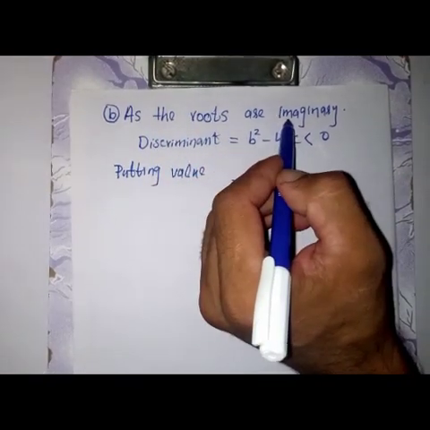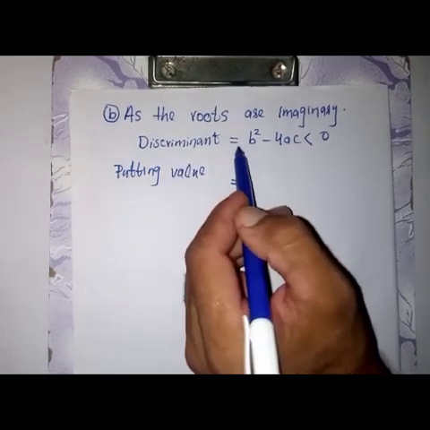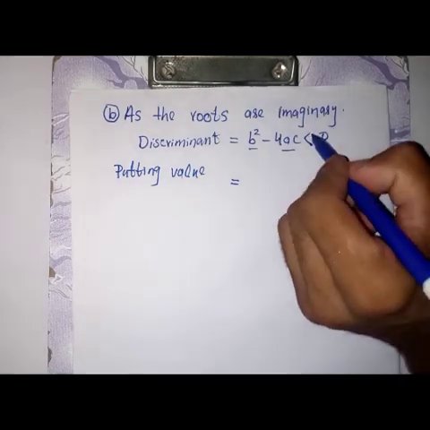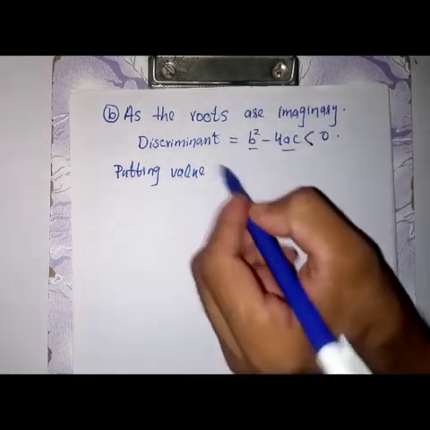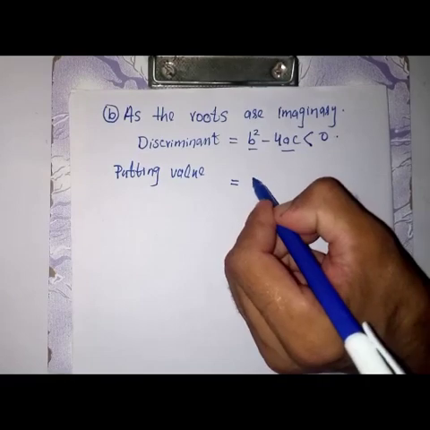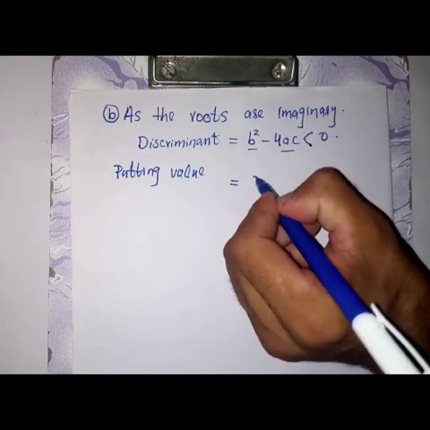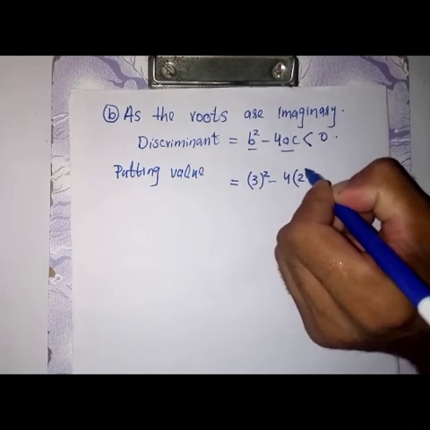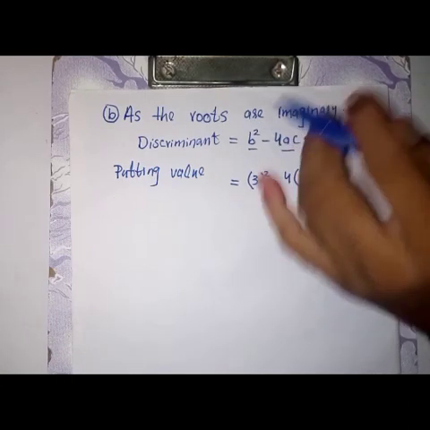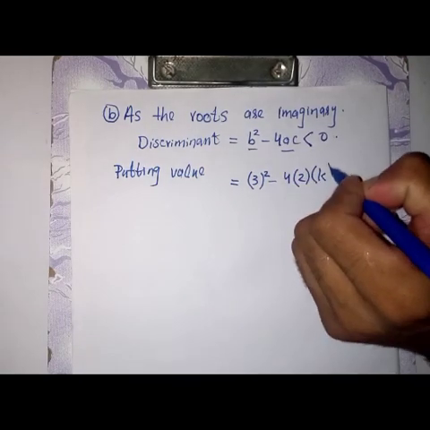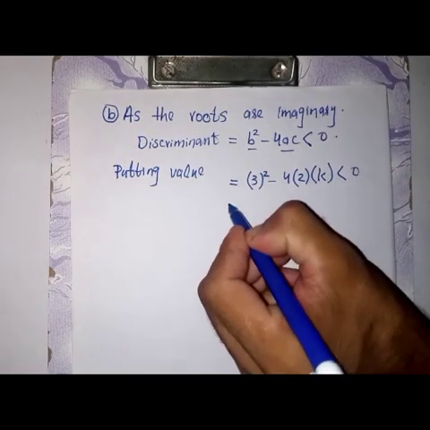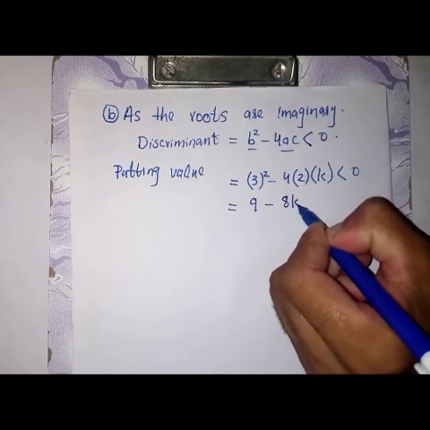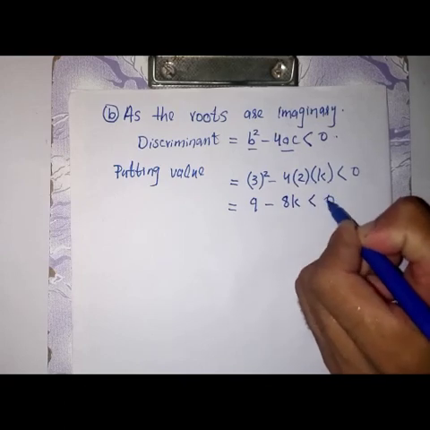Now the other part of this question is, as the roots are imaginary, we put the discriminant b square minus 4ac is less than 0. So putting the values of a, b, c, we get 3 whole square minus 4 into 2 into k is less than 0. From here we get 9 minus 8k is less than 0.